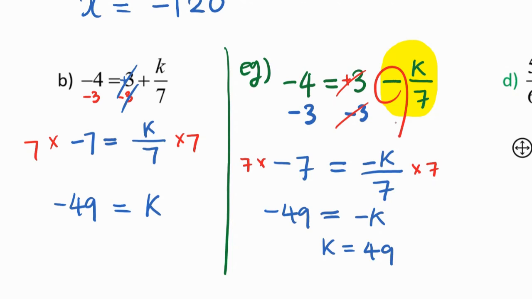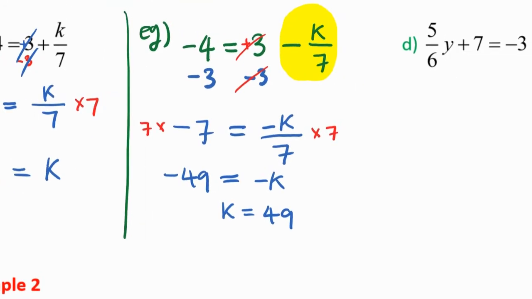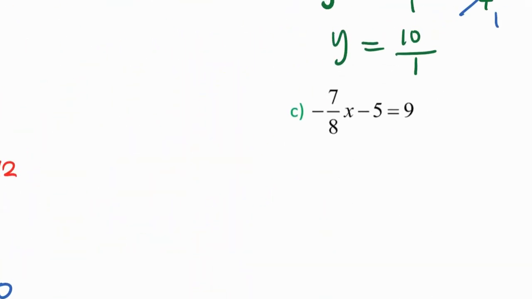This negative sign belongs to k over 7. So you have to look at the number right in front of it. See if it is positive or negative. If there's no sign, that means that it's positive. Okay, let's move on to C.